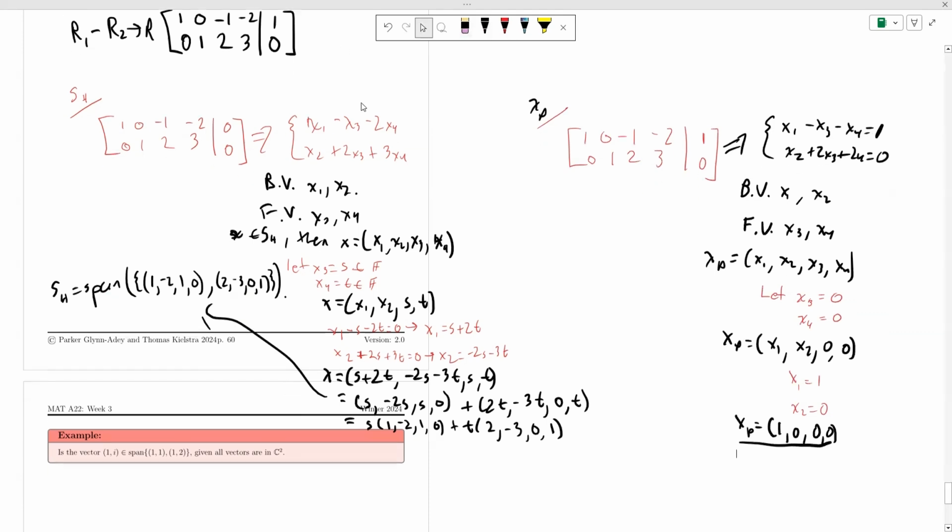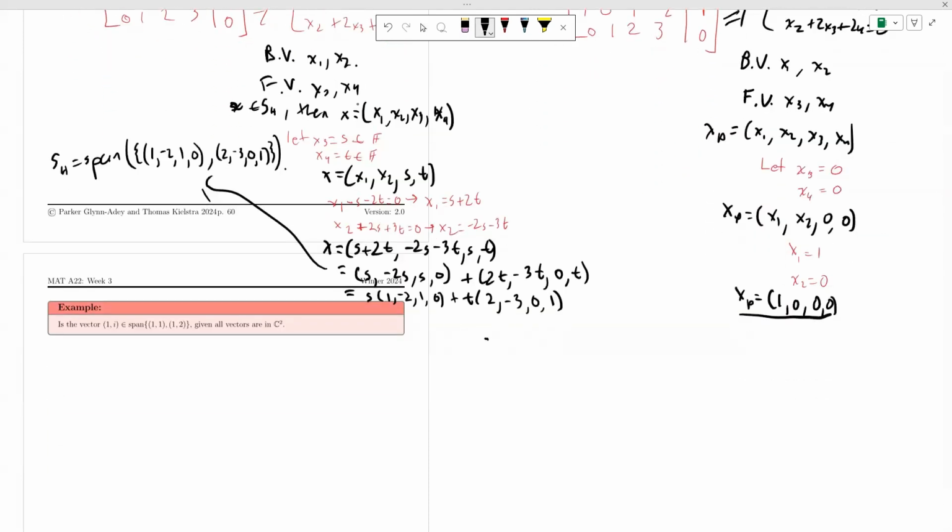So our solution is going to be the set 1 0 0 0 plus xh, where xh is in the span of the set 1 minus 2 1 0, 2 minus 3 0 1.